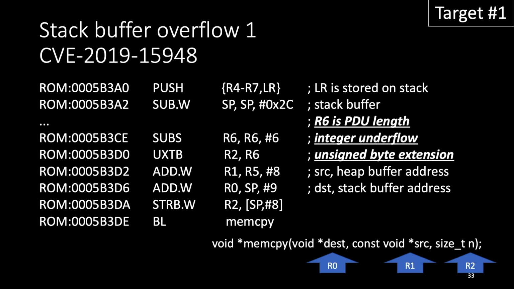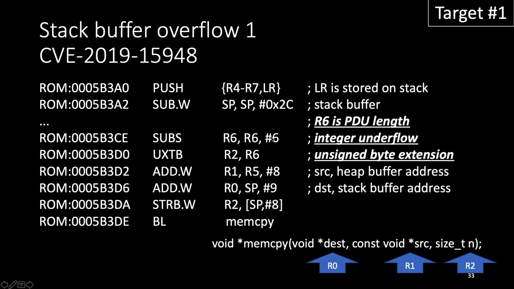Now let's take a look at the assembly code. In this function, as you see here, the function allocates stack buffer space for hex to C. Next, I skipped a little bit of instructions because they were irrelevant. This R6 value is the PDU length. PDU is a packet data unit length, and I will show you the format in the very next slide. It takes the length value and subtracts 6 here.